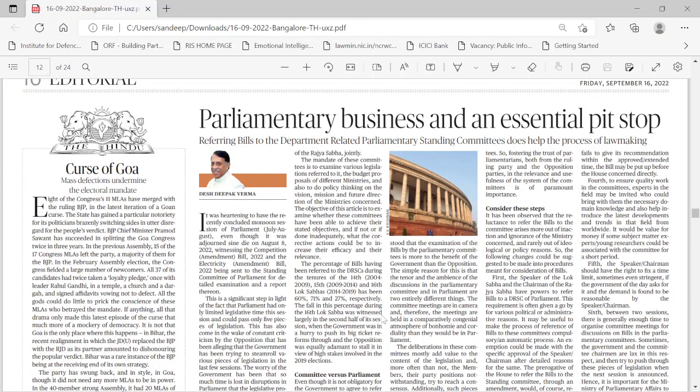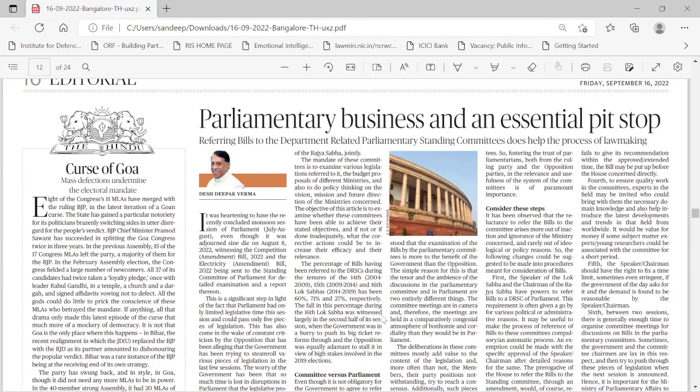Second thing, whenever a bill passes through a parliamentary committee, there will be a proper discussion of that particular issue, and amendments will be made effectively, and when it goes to the parliament it is easy to pass.